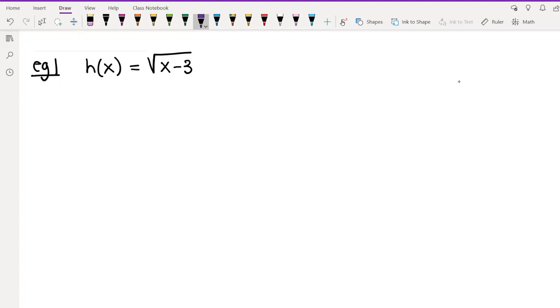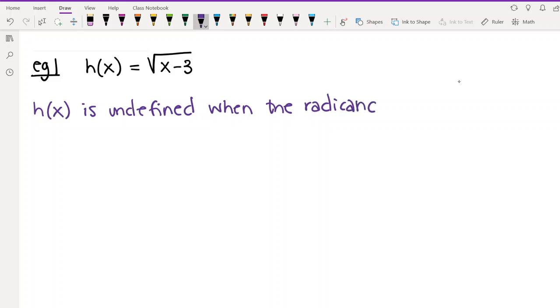And by the way, there's a word for that. The stuff under a square root is called the radicand. So this will be undefined when the radicand, the stuff under the square root, is negative. And let me just define radicand here.